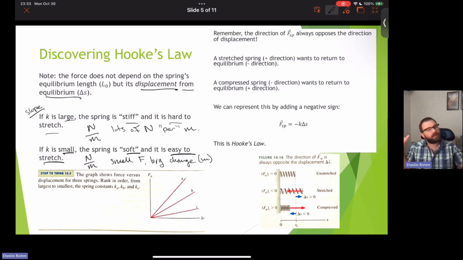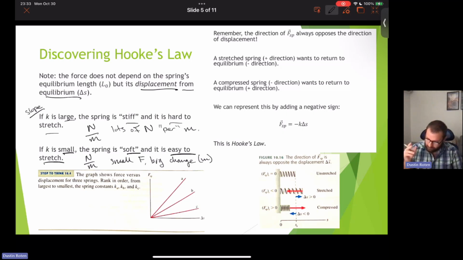A little force is going to make it super compressed or super stretched. So that's all K is telling us: how much effort it's going to take to change the length of the spring. At the same time, K tells us how much force the spring can give us back in return.